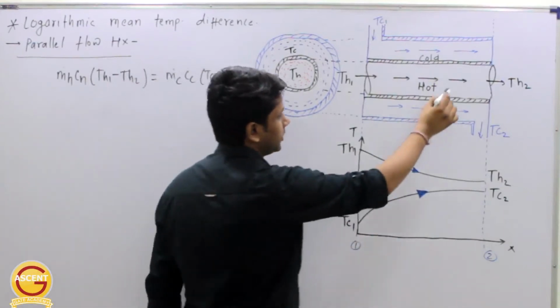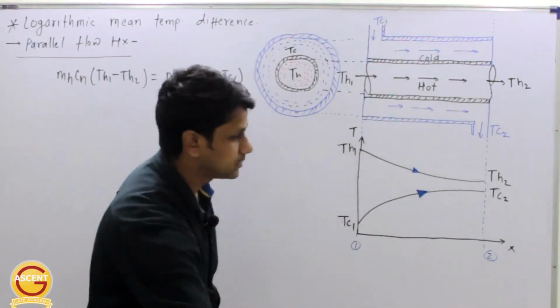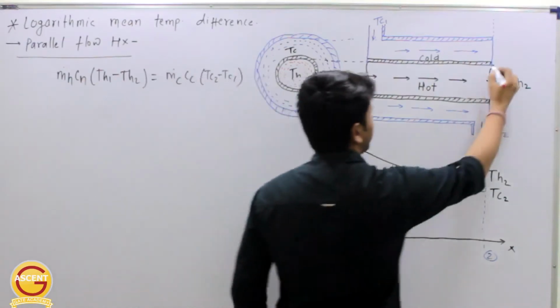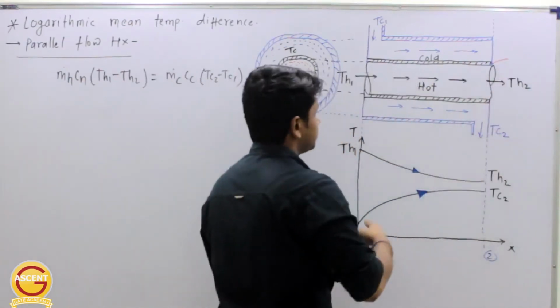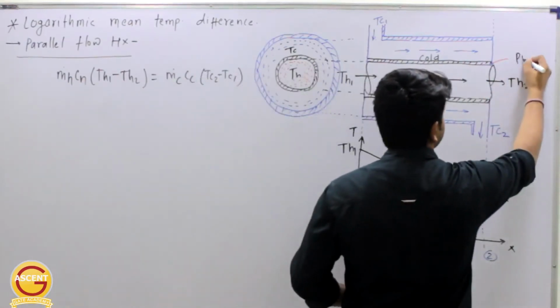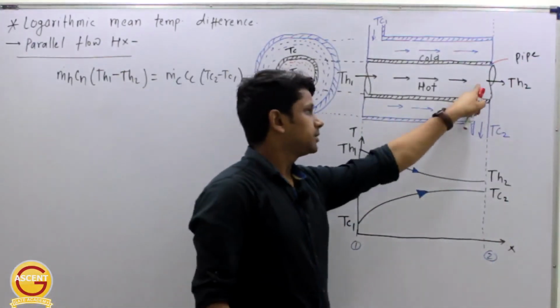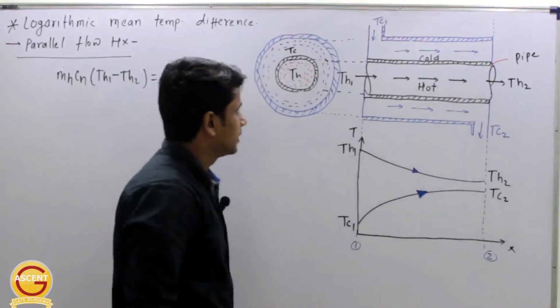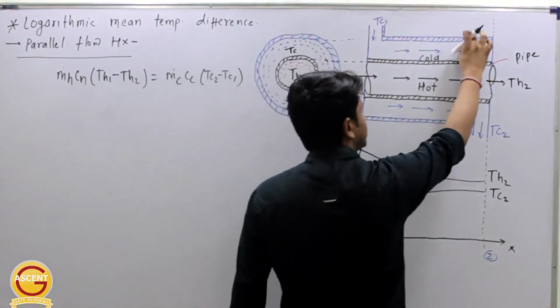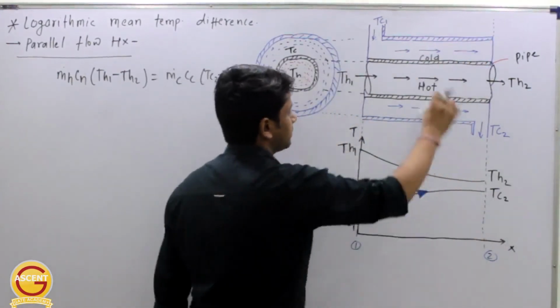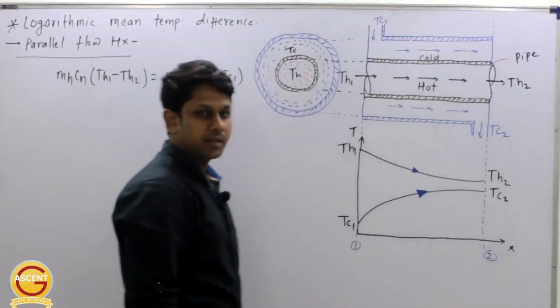The hot fluid is moving inside a pipe. This is our inner pipe, right? Because this is a double pipe heat exchanger. Inside this pipe, this hot fluid is flowing, and there is one more pipe, and inside that pipe cold fluid is moving.